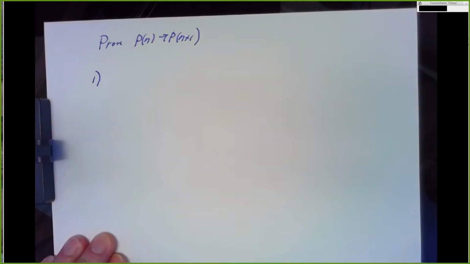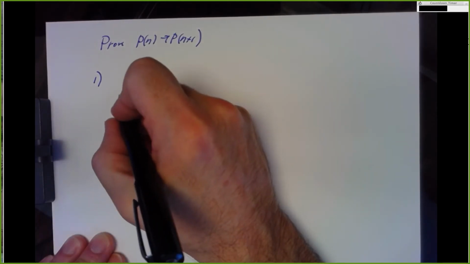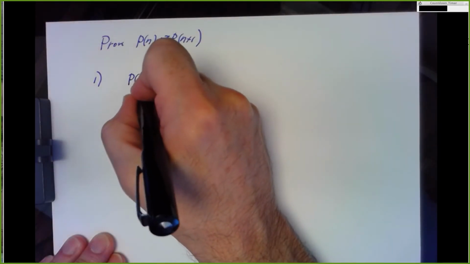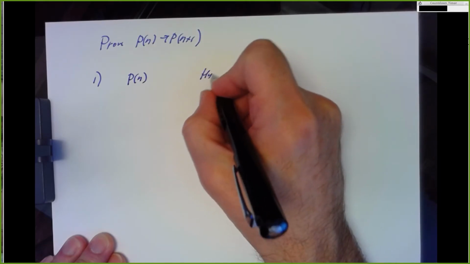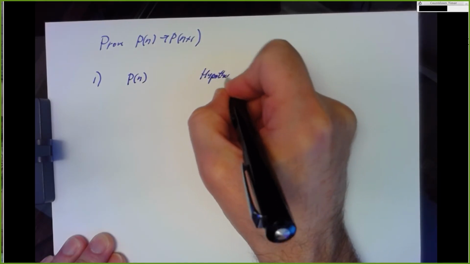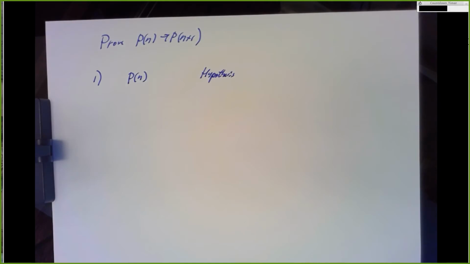So what's our first statement in a proof like this? P of n. And how do I know P of n is true? That's the hypothesis.